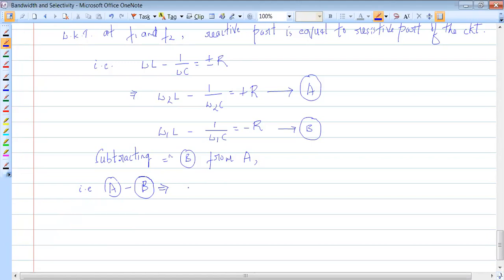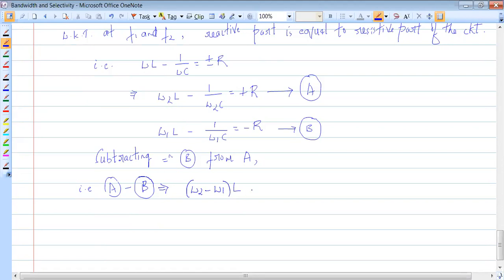Do that, everybody. Subtract B from A, keeping the common part out. So we can say this is omega 2 minus omega 1, and the common term is L.